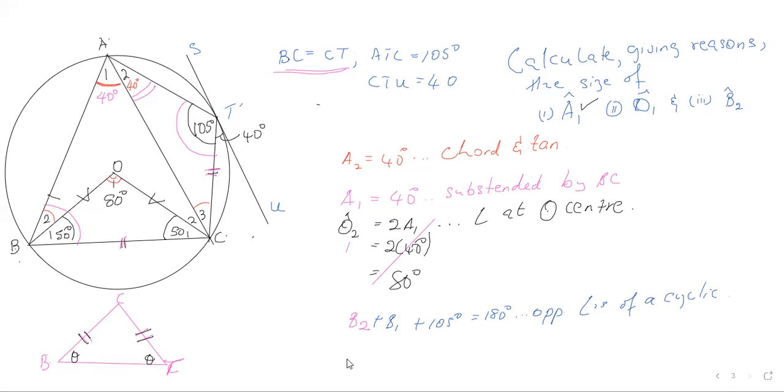Therefore, B2 will equal 180 minus 105, with B1 being 50. This is 180 minus 155.